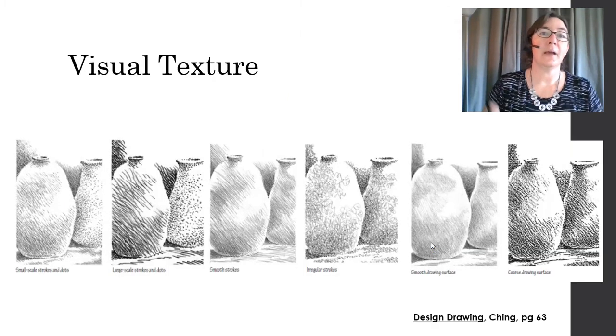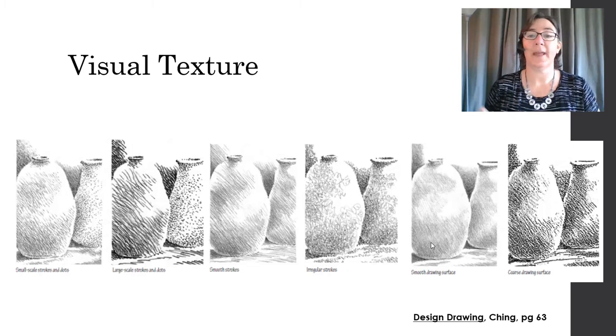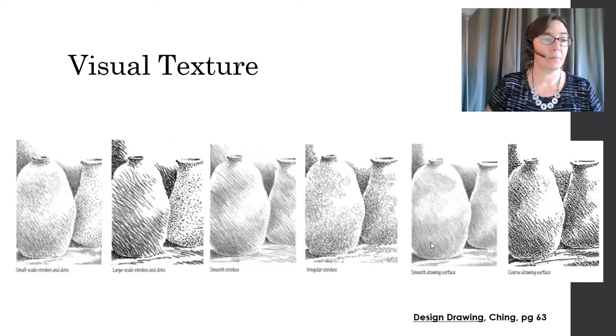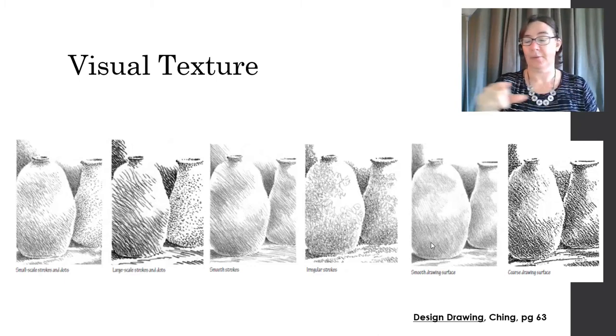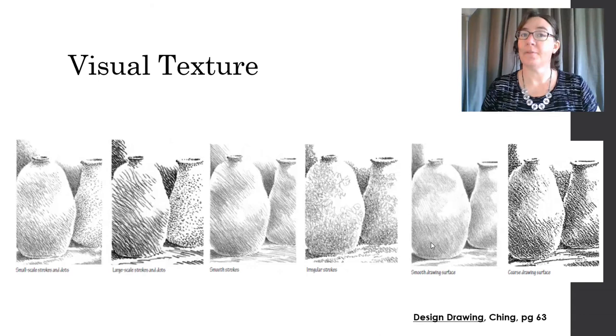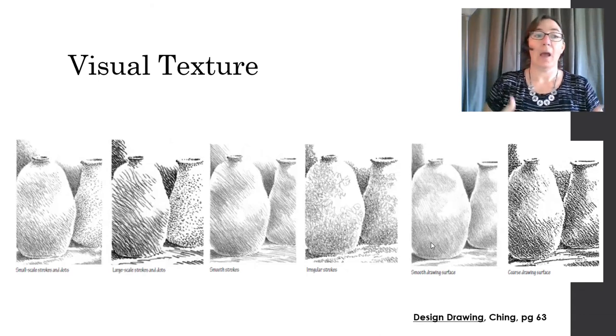So here's some more examples of visual texture. We have this one still life of two vases done in 6 different ways, providing 6 different visual textures. How do these vases actually feel? What is their tactile feel?